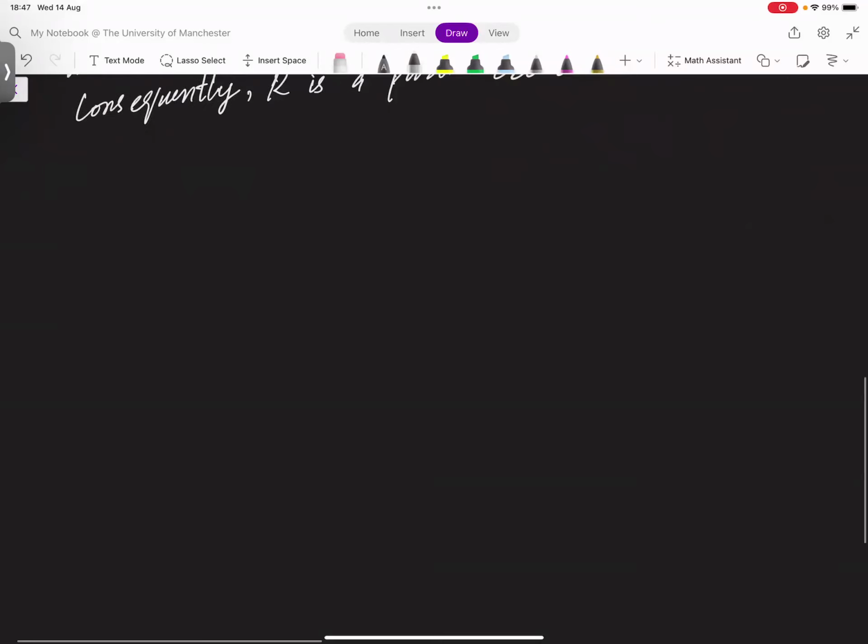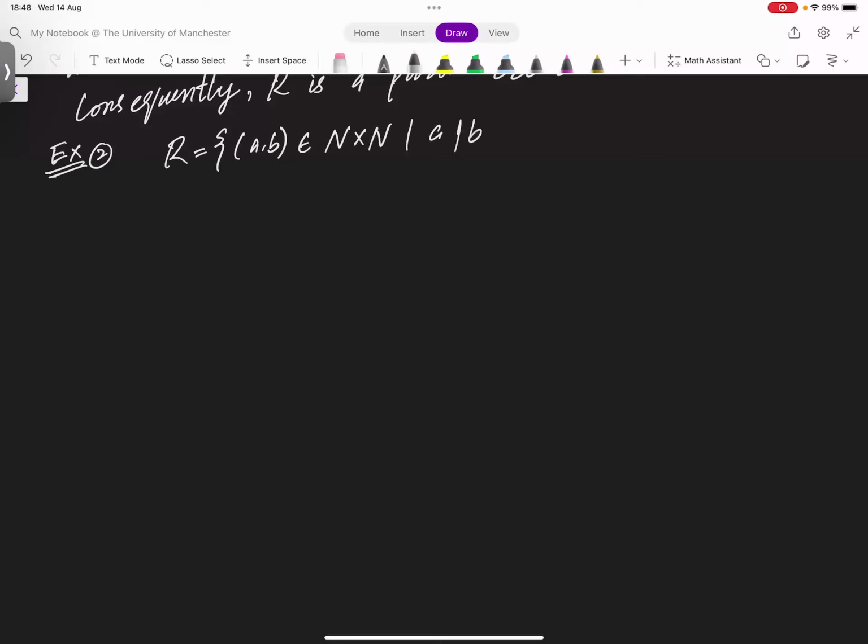Now, we can show another example. Let's say R is a relation on N. So let's denote R by (a, b) inside N cross N such that a divides b in N. N is the natural number set.